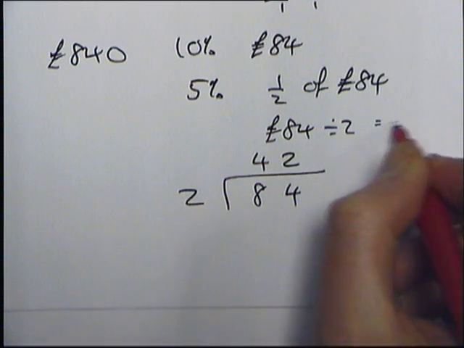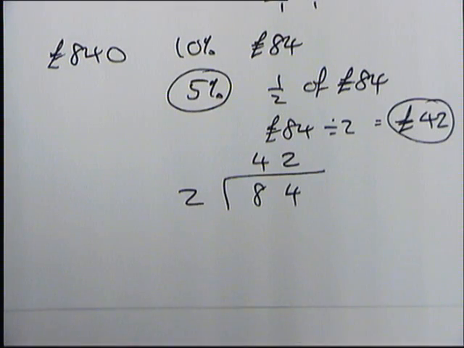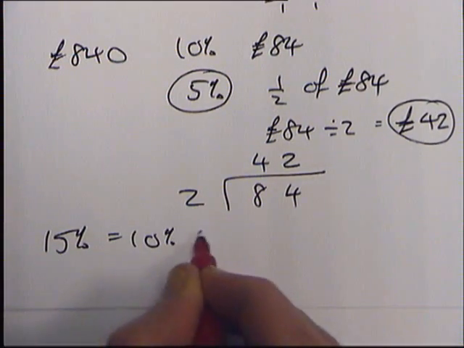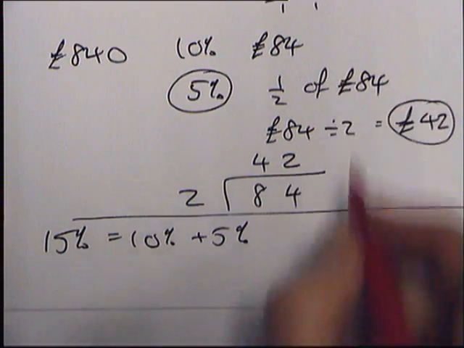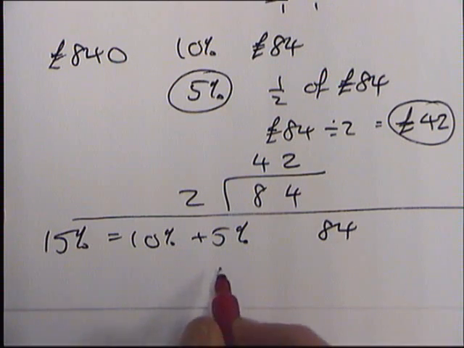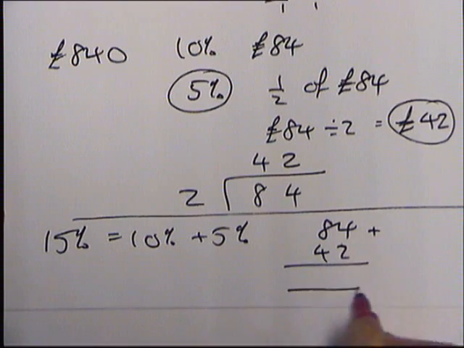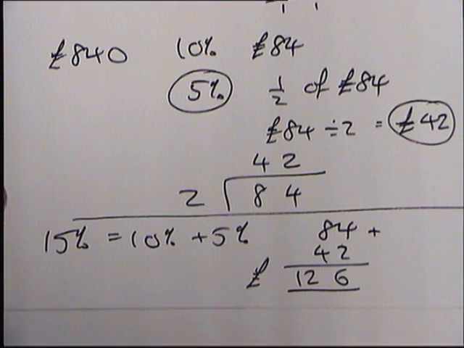So £84 divided by 2 is £42. So I now know that 5% is £42. But I can use the 5% and my 10% to get 15%. Because 15% is just 10% plus 5%. 10% I already know is 84. 5% I now know is 42. And if I add those together, 4 and 2 make 6, 8 and 4 make 12. I now know that 15% is £126.